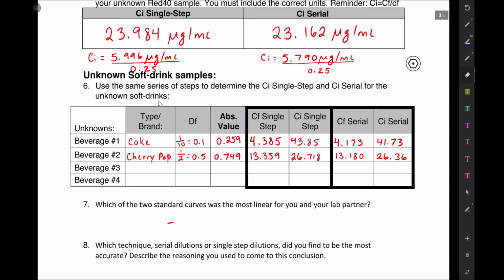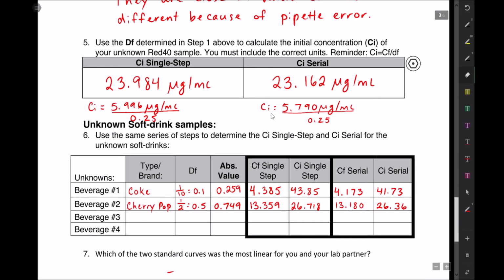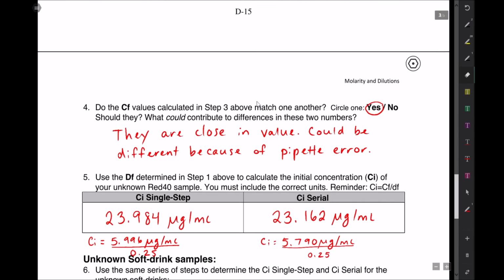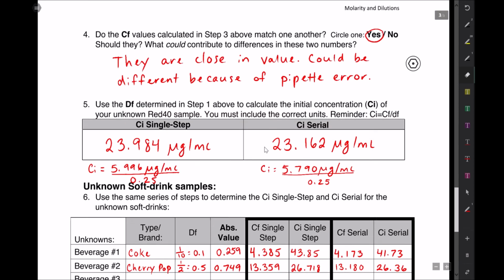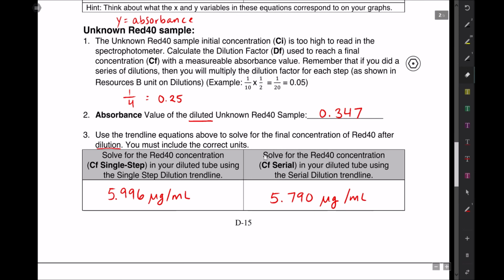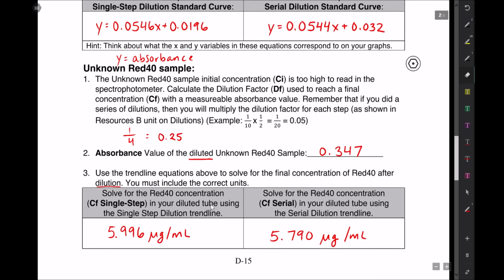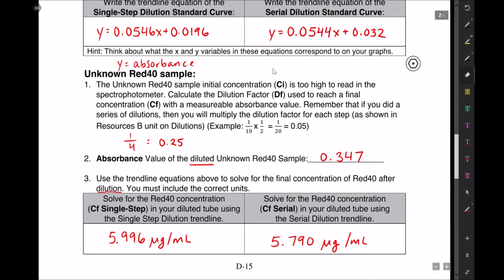So now the way you solve this is the exact same way you did it before. So solving for the CF, which remember we did up here, right? We have to use, wait, hold on, let me go back up. Okay, so for the CF, you plug the absorbance into the trend line.